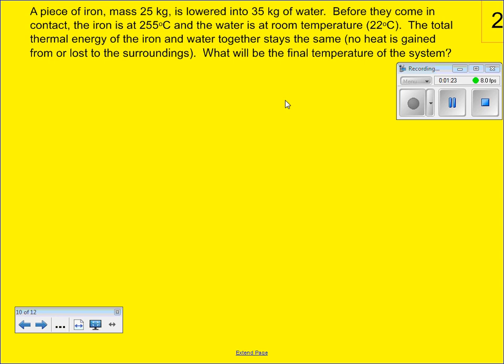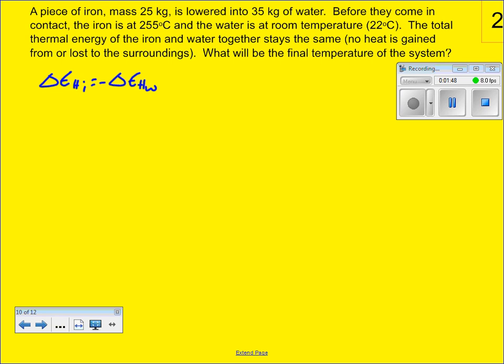The basic way of looking at this is we can calculate the heat transferred first and work it out that way, or we can write out what I just said in equation form, which is delta E_H iron equals negative delta E_H water.